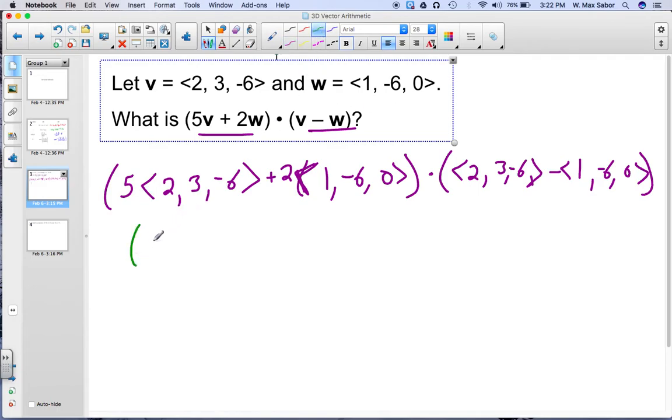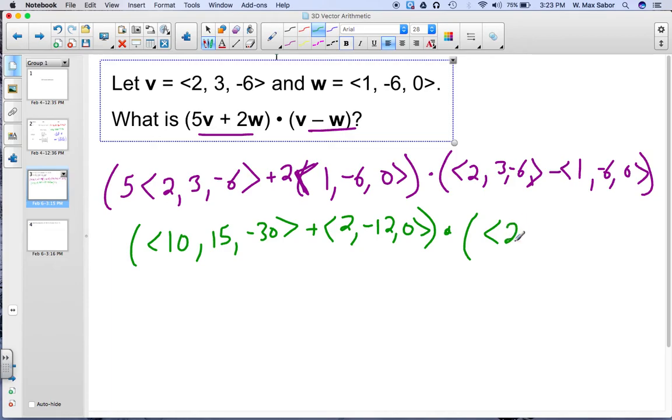Multiply these together. We have 10, 15, negative 30, plus 2, negative 12, 0. We want to distribute that negative in. 2, 3, negative 6, plus, and this is just an example.